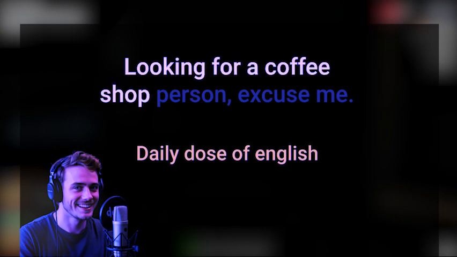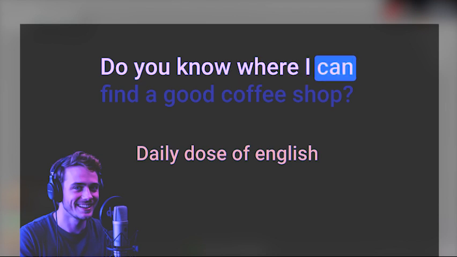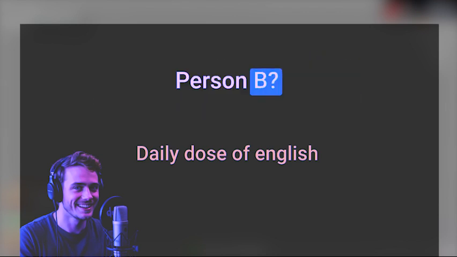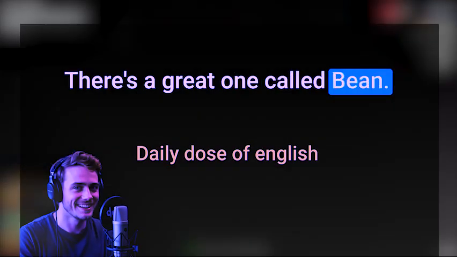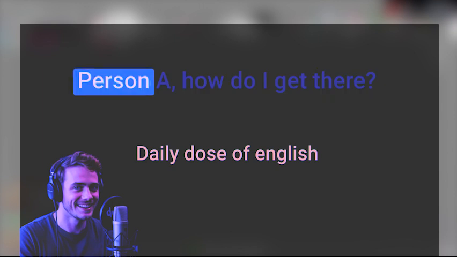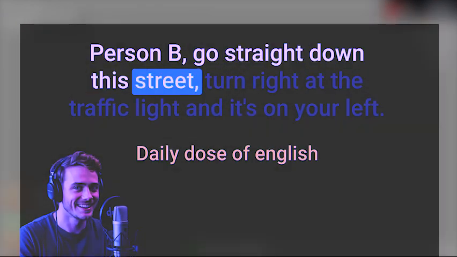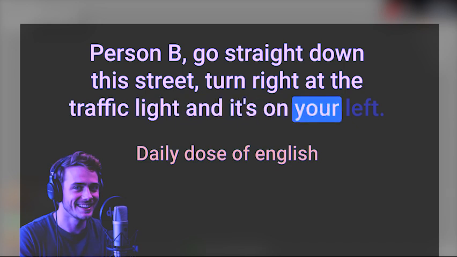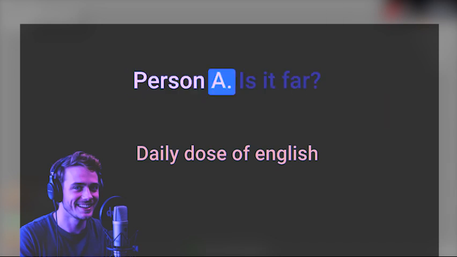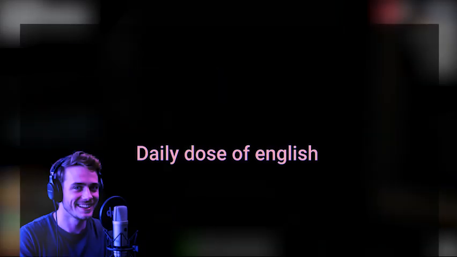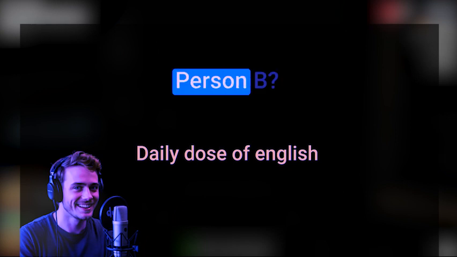Dialogue 1. Looking for a coffee shop. Person A. Excuse me, do you know where I can find a good coffee shop? Person B. Sure. There's a great one called Bean. They're just 2 blocks away. Person A. How do I get there? Person B. Go straight down this street, turn right at the traffic light, and it's on your left. Person A. Is it far?